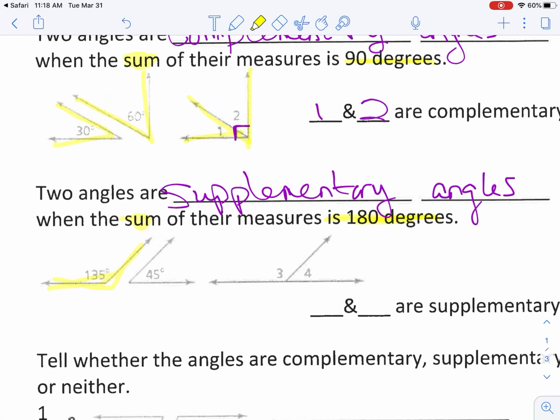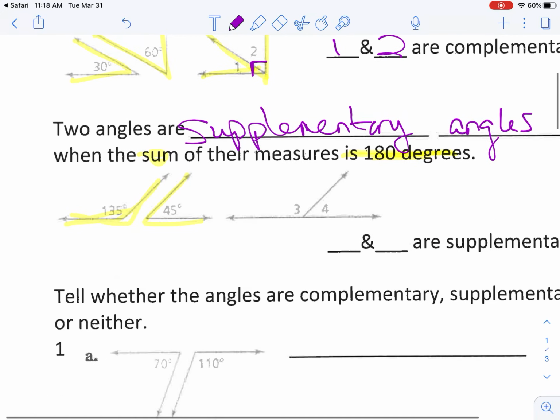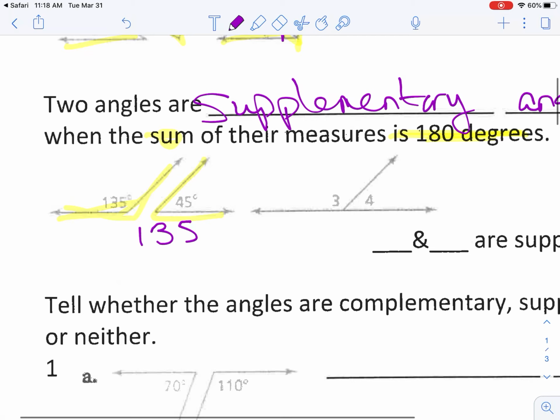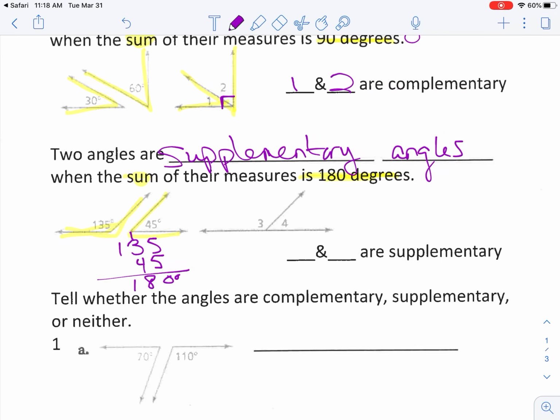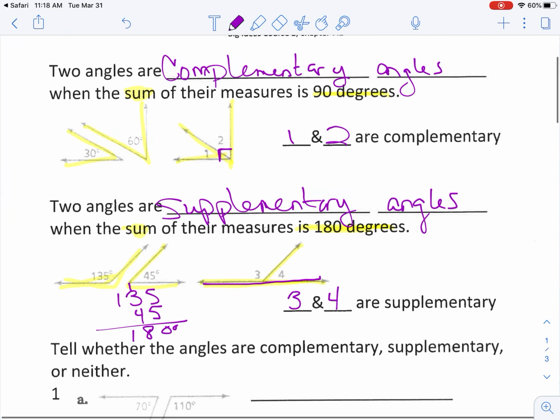So if we add 135 plus 45, we get 180 degrees. And then here's another example. And again, you see a straight line. When two angles form a straight line it is 180 degrees. So we can say the angle 3 and 4 are supplementary.